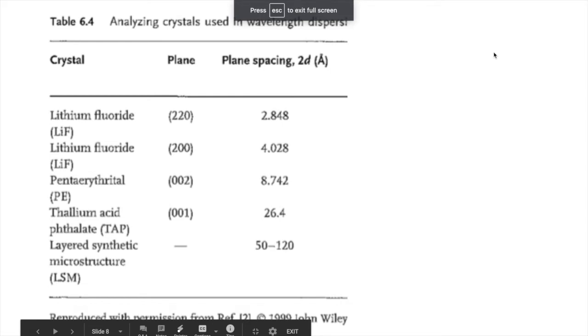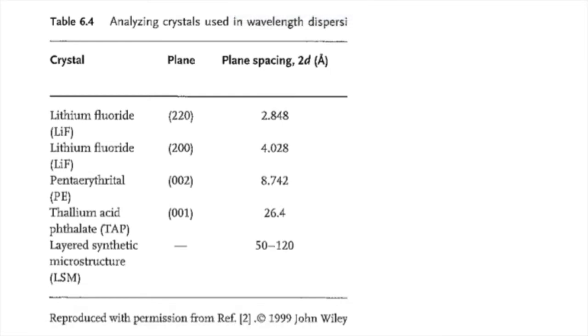Okay, so this is table 6.4, which gives a list of analyzing crystals used in WDS. We have various crystals like lithium fluoride with a certain plane orientation, lithium fluoride with a different one, PE, and TAP, or we can actually make synthetic microstructures which have much larger d spacings.